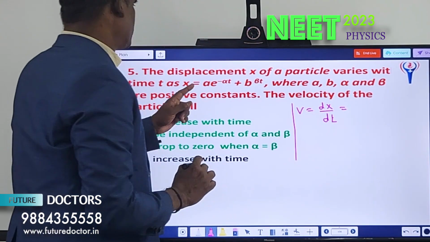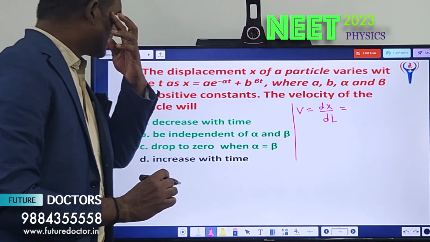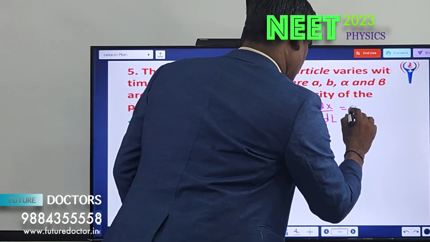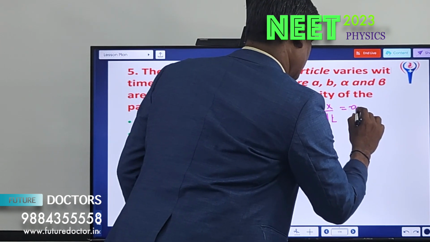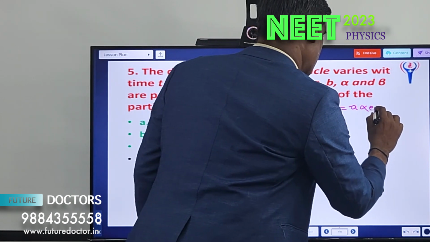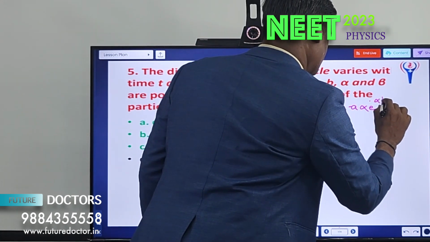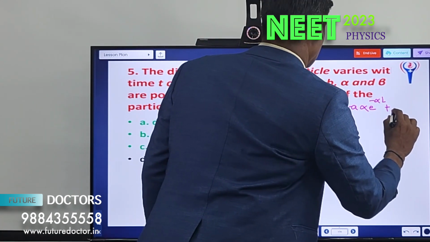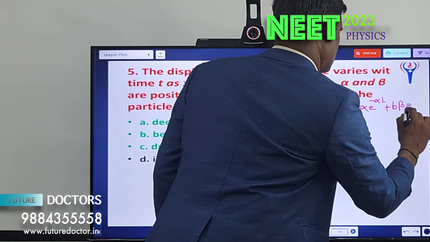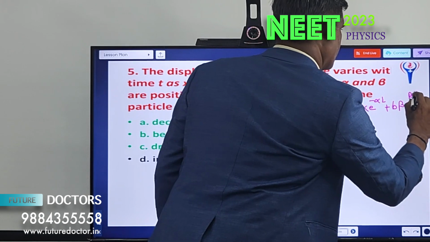Differentiating, a into minus alpha into e power minus alpha t, plus b beta into e power beta t.